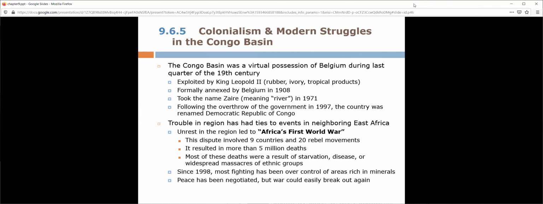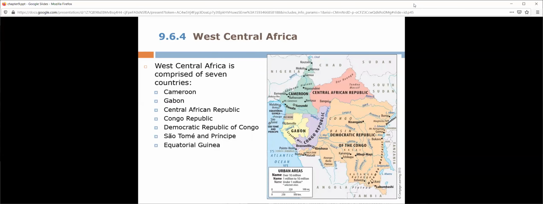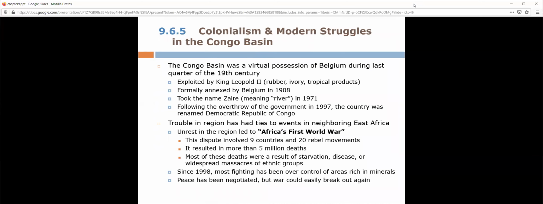Colonialism and modern struggles in the Congo Basin. As said before, there's a lot of different countries here that weren't always a lot of different countries. The Congo Basin was a virtual possession of Belgium during the last quarter of the 19th century.